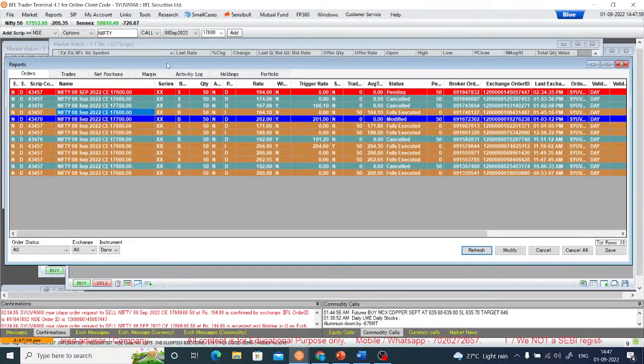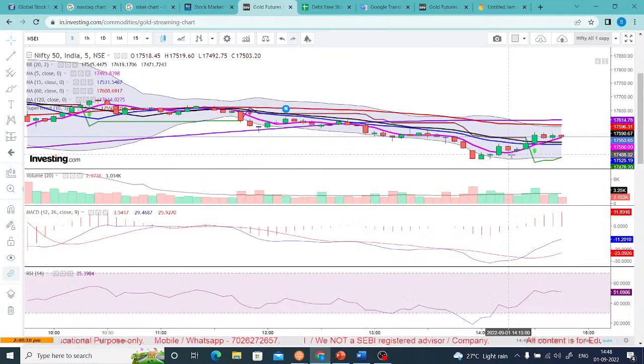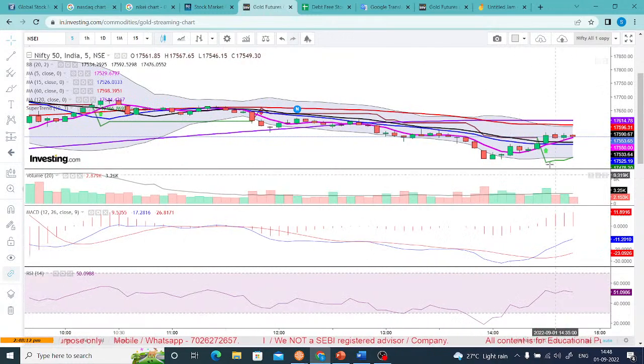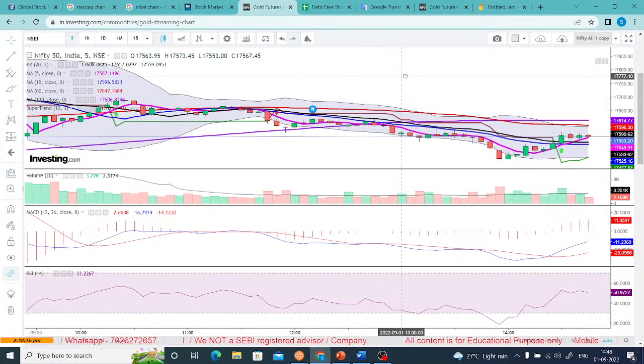That's very important. How you do it is exactly this: you see the trend. Today the pattern is going to be negative. In the last 5 minutes the super trend itself has given positive, but overall the trend is going to be negative.